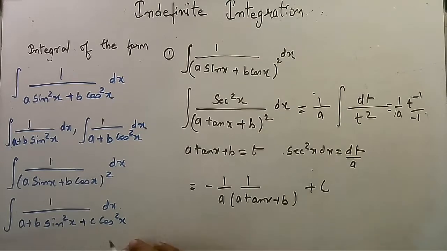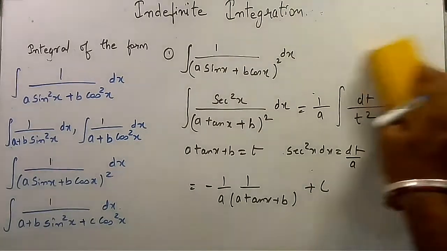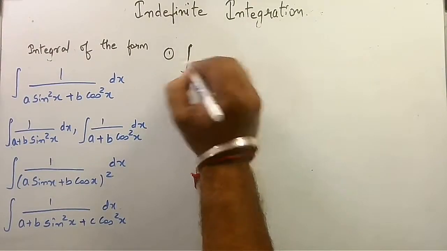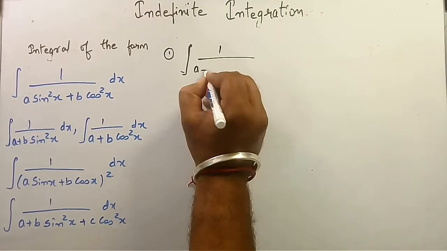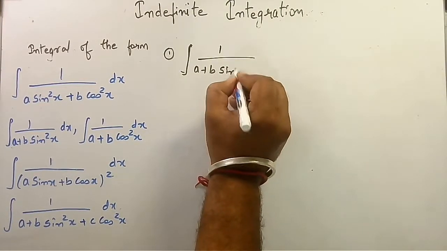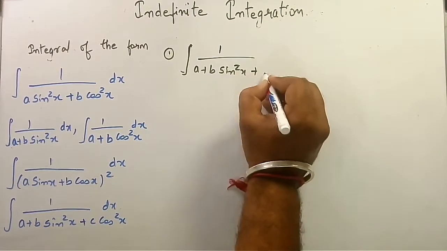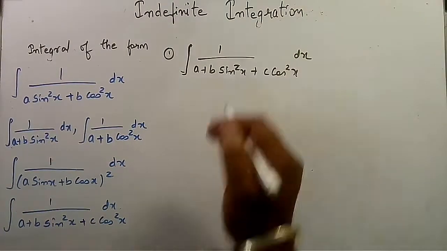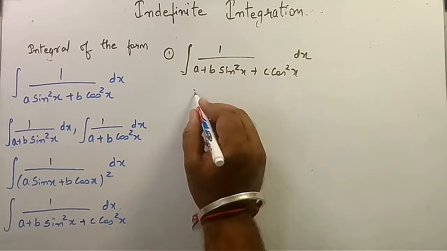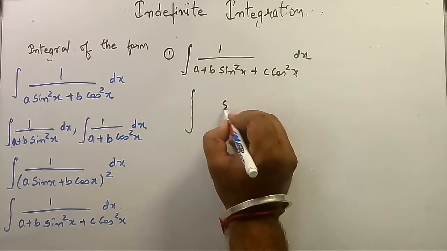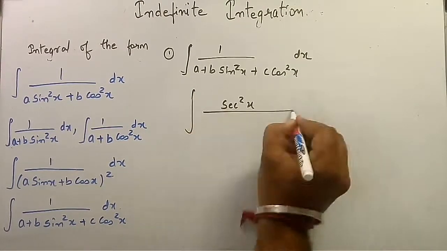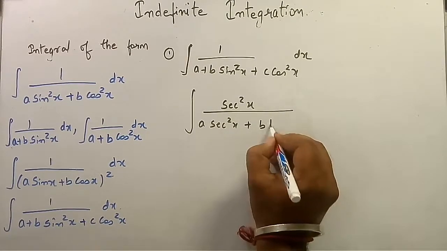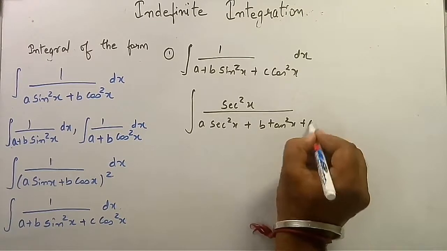Now we are taking this fifth type, that is integral of 1 by (a plus b sin square x plus c cos square x) dx. Now we divide the numerator and denominator by cos square x. After dividing, we get sec square x upon a sec square x plus b tan square x plus c.